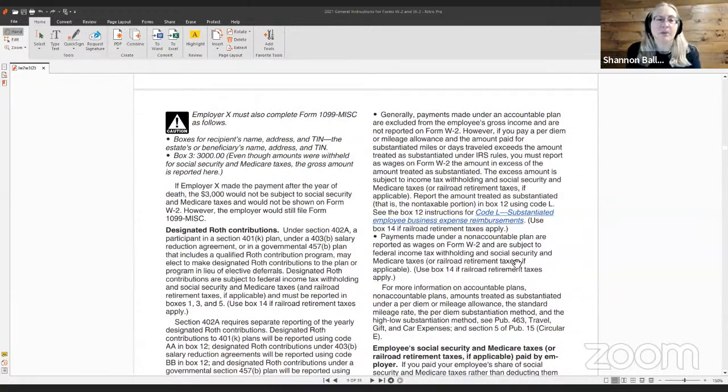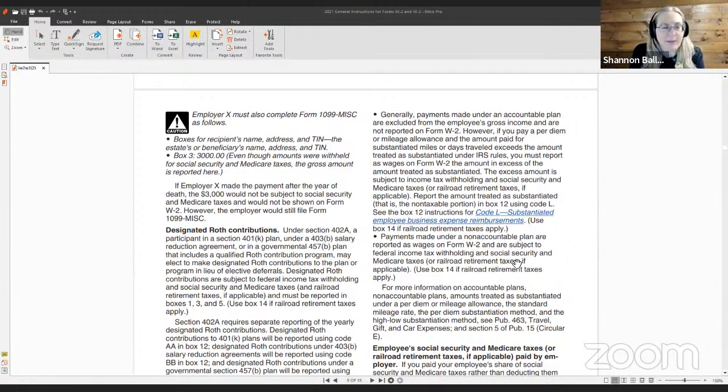Caution. Employer X must also complete Form 1099 miscellaneous as follows. And this is a continuation of the example on the previous page. Boxes for recipient's name, address, and TIN, the estate or beneficiary's name, address, and TIN. Box 3 of $3,000. Even though amounts were withheld for Social Security and Medicare taxes, the gross amount is reported here.